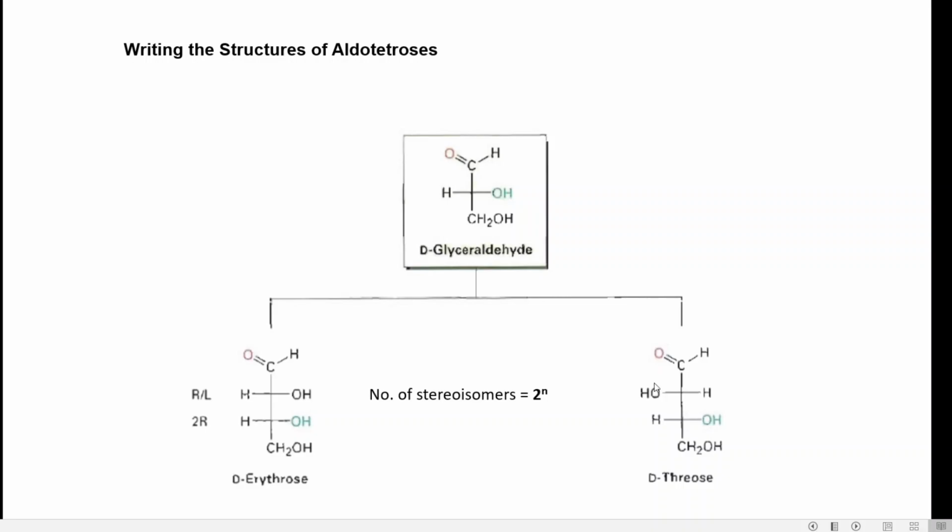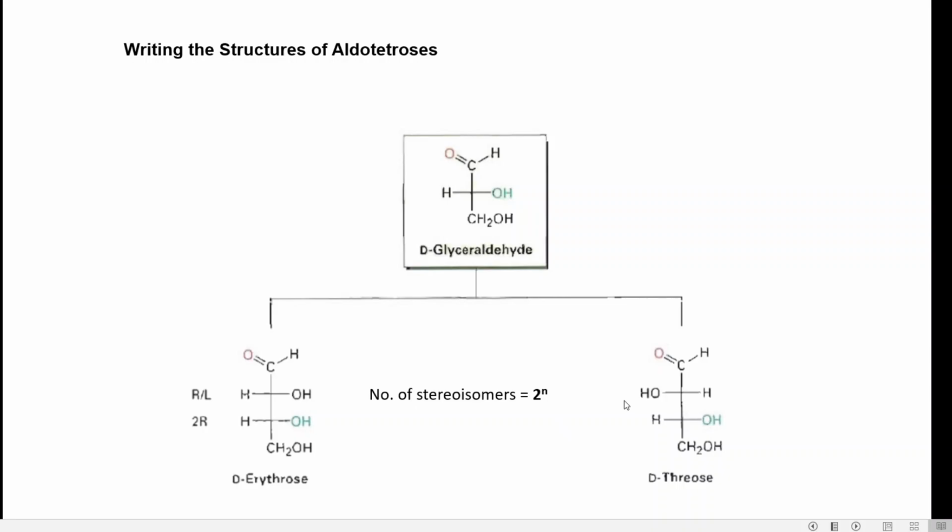So when we are going to write the structures of aldotetroses on the basis of glyceraldehyde, we have to incorporate one additional carbon atom between the formyl group and the chiral center of glyceraldehyde. That additional carbon atom is now linked to two other groups. One is a hydrogen atom and the other is a hydroxyl group. Similarly, we write another structure in the same way.